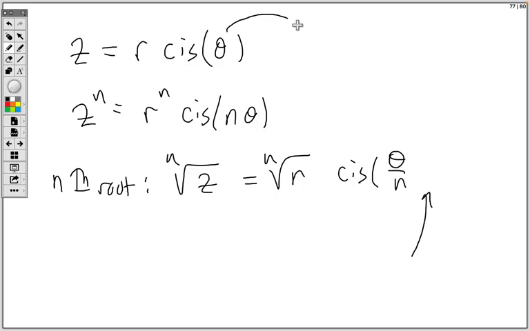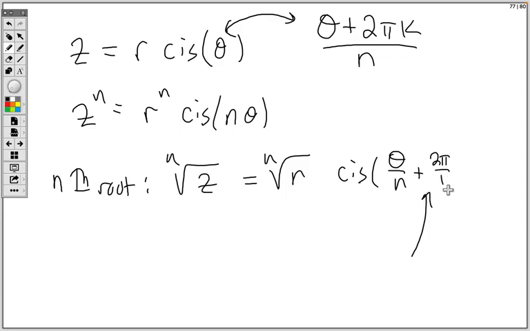Remember, I could replace any theta with any angle coterminal to theta. So I'd have a plus 2 pi k on there. So when I divide that by n, I'd get my theta over n, but I'd also get 2 pi over n times k.